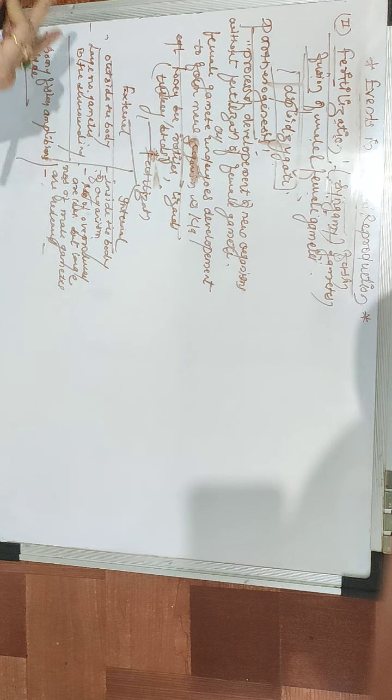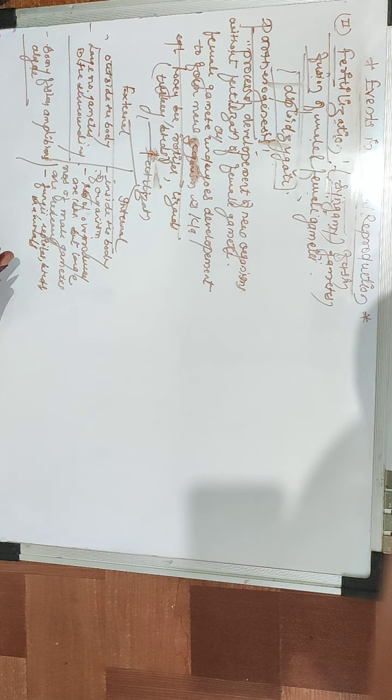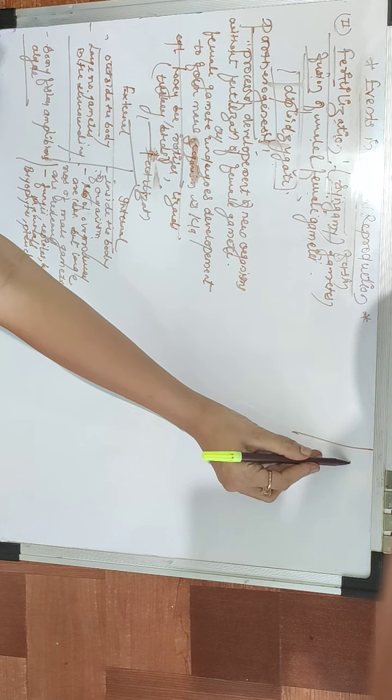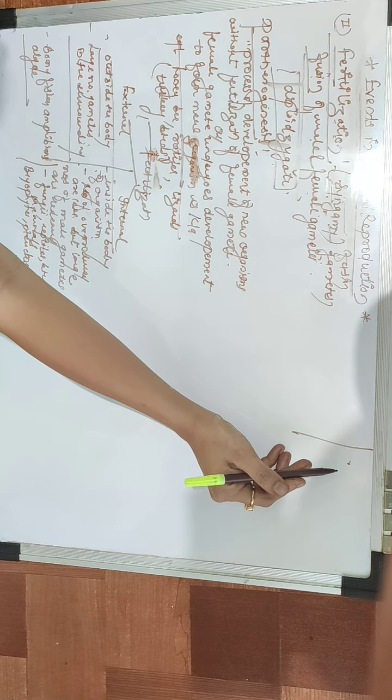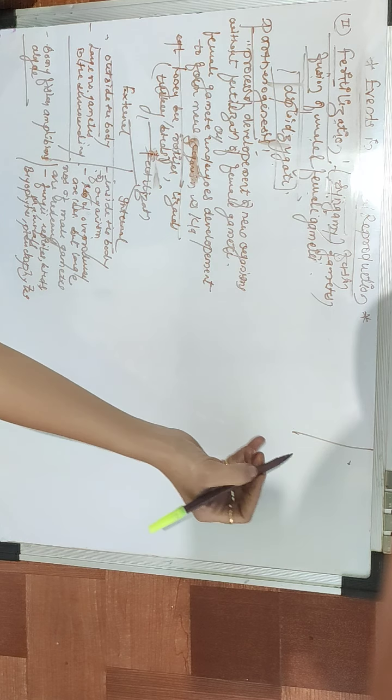Internal fertilization occurs in many terrestrial organisms, like fungi, higher animals such as reptiles, birds, mammals, and in the majority of plants like bryophytes, pteridophytes, and after pteridophytes it also occurs in gymnosperms and angiosperms.